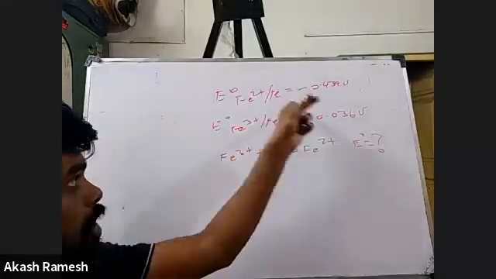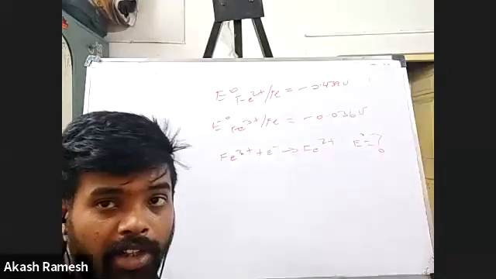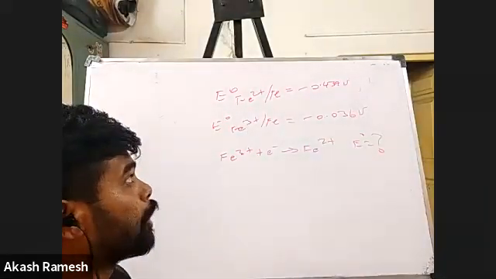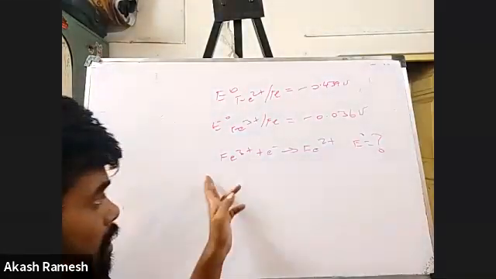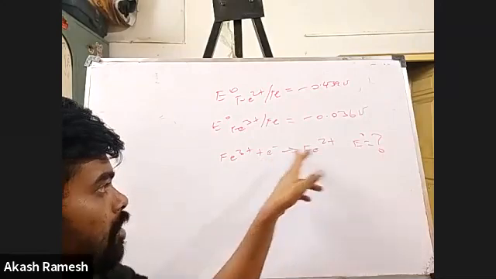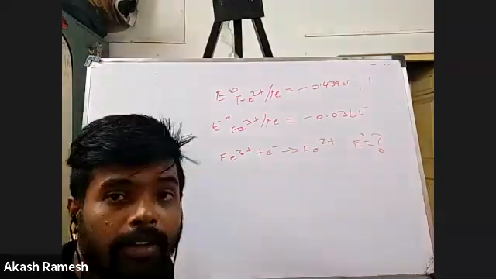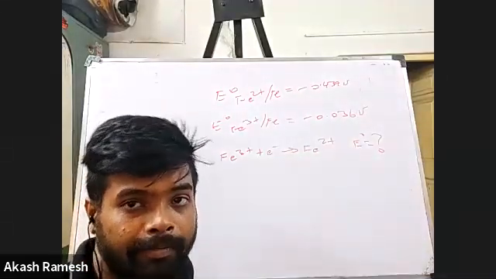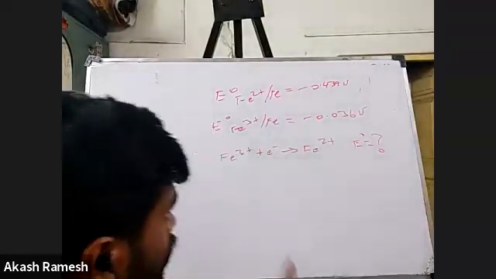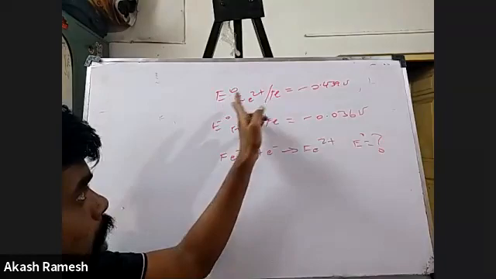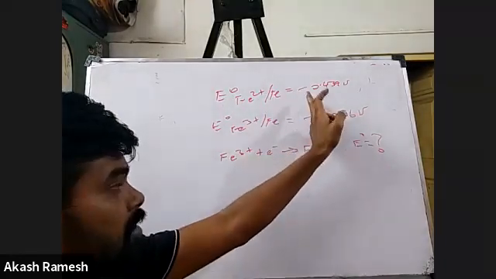Okay, they have given two reduction potentials, that is one for Fe2 plus to Fe, another for Fe3 plus to Fe, right? And for the reaction Fe3 plus accepting an electron to form Fe2 plus, what is the reduction potential? Okay, shall we do it? Now obviously you know how to write the reaction for this, right?